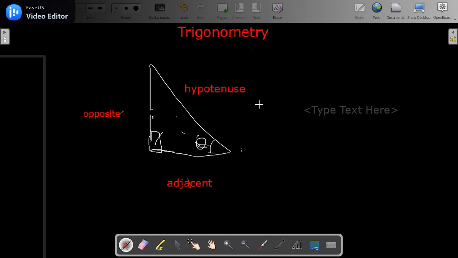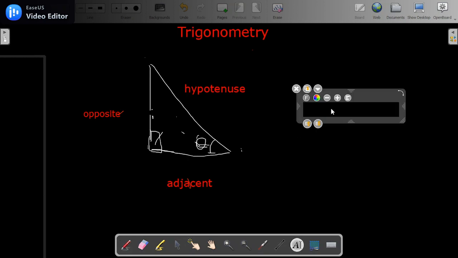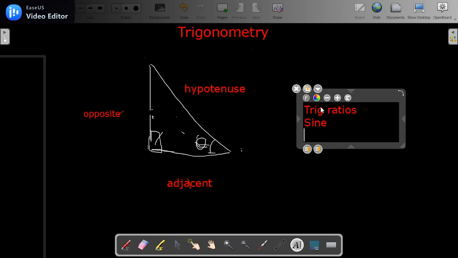So there are three basic trig ratios. What are they? We have the sine, the cosine, and the tangent.